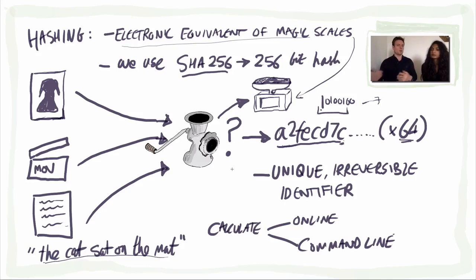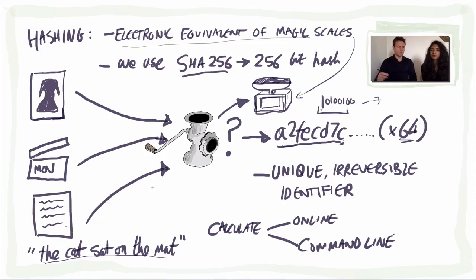And this is used all over the place as a way to check whether the contents of something have changed, just like putting it on those scales, the way we made sure that the boxes hadn't changed or the checks hadn't changed. It will detect the smallest possible change.